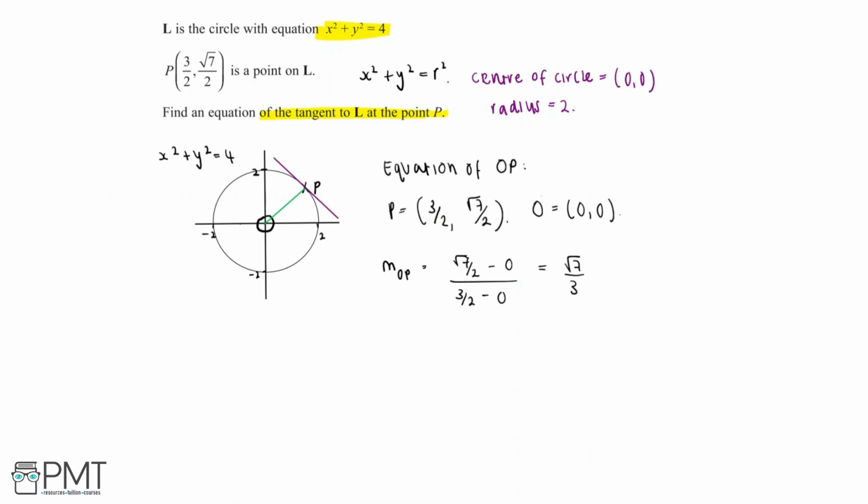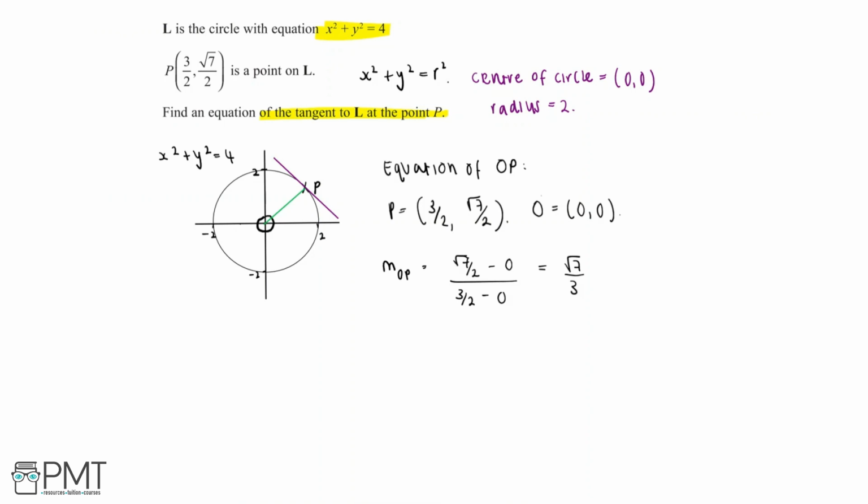But this is the gradient of the line OP, which is the green line in our diagram. We need to find the gradient of the tangent to L at the point P, which is shown by the purple line. Now we know that the green line and the purple line are perpendicular to one another, so we can use the gradient of OP to find the gradient of the tangent. We'll call the gradient of the tangent MT, where M represents the gradient and T refers to the tangent.